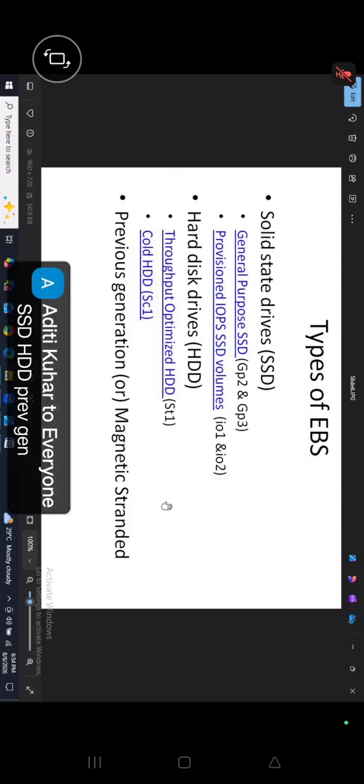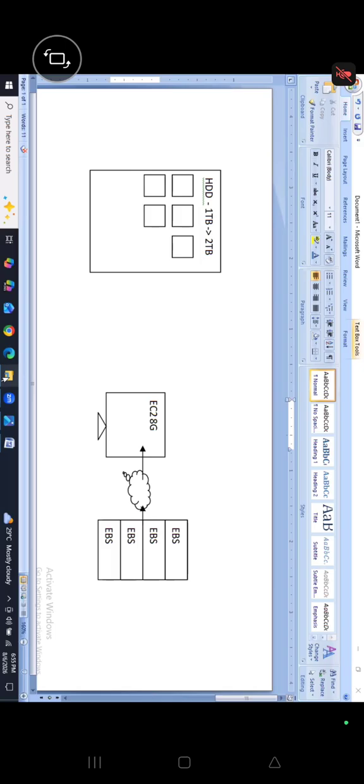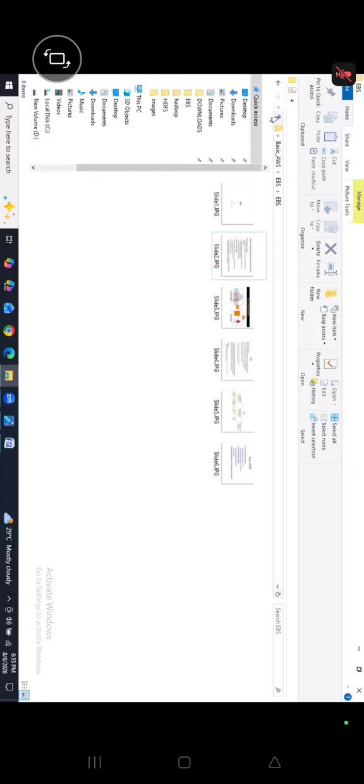Okay, very good. So same thing we have here. SSD having two types: general purpose SSD, GP2 and GP3, provisioned IOPS SSD volume, IO1 and IO2, and then throughput optimized HDD, cold HDD, and previous generation magnetic standard. So clear? I hope you got it about EBS volumes.